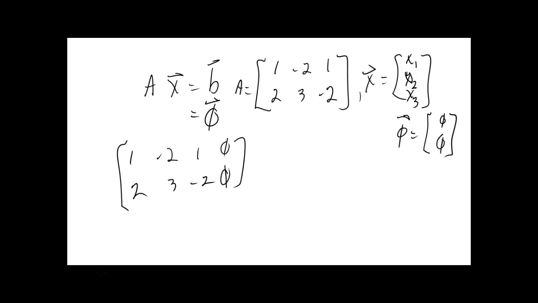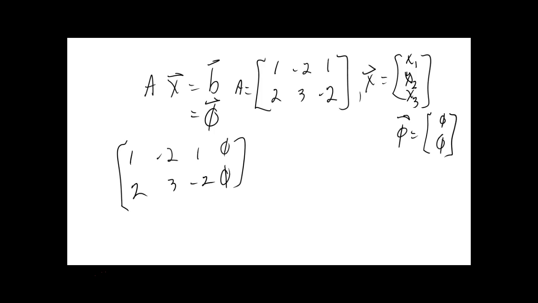So one solution is going to be 0, 0, 0. That certainly satisfies. If x1 is 0, x2 is 0, x3 is 0, that satisfies it. So we know we'll have at least one solution. Therefore this one's got to have an infinite number of solutions. No solution is not an option here because it's homogeneous.